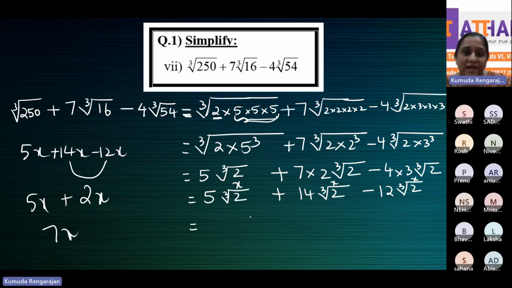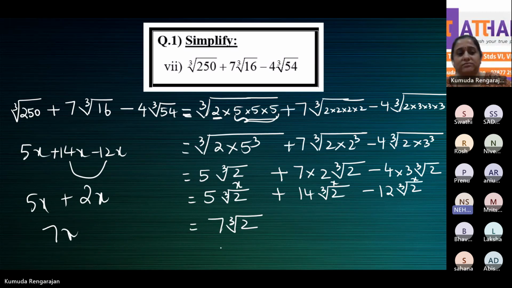Now, 7x you said, but what is x? Cube root of 2, correct? So 7 into cube root of 2. Everywhere we have cube root of 2, so it's like 5x plus 14x minus 12x, and when you simplify you get 7x, that means 7 into cube root of 2.